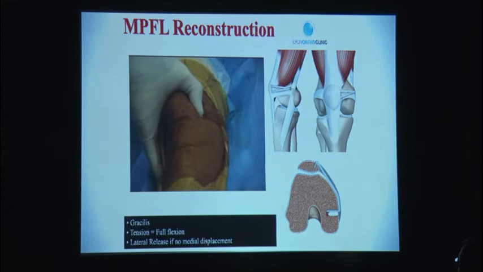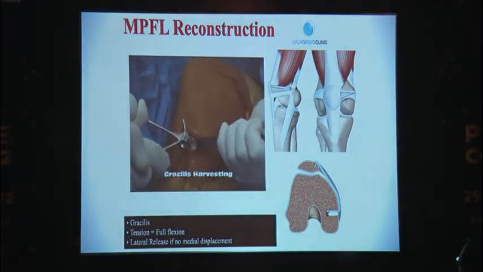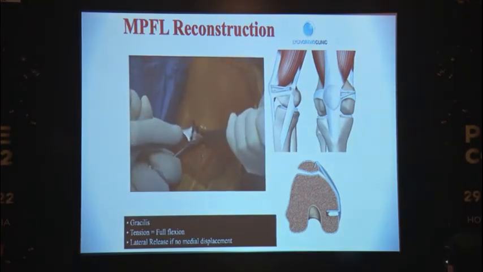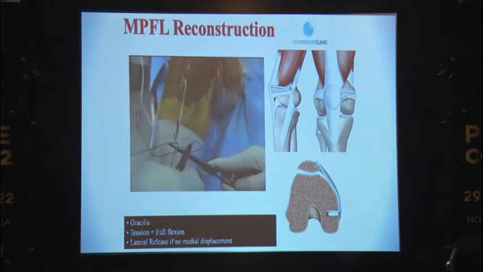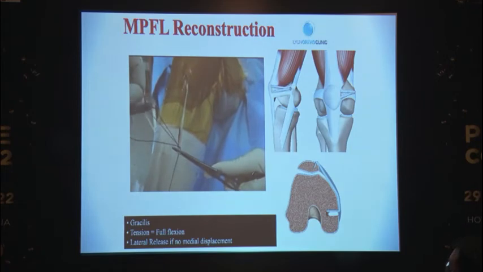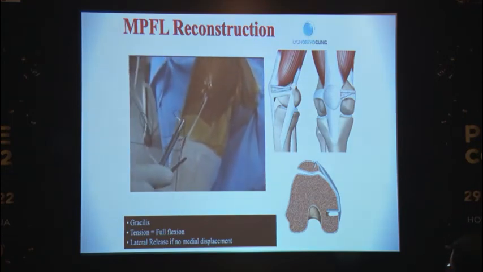Then you see that if you push the patella to the lateral side, you dislocate it, of course, and then you harvest the gracilis. If the gracilis is okay, sometimes your gracilis could be very thin, and if it is too thin, you take the semitendinosus. It's not a huge issue or problem.